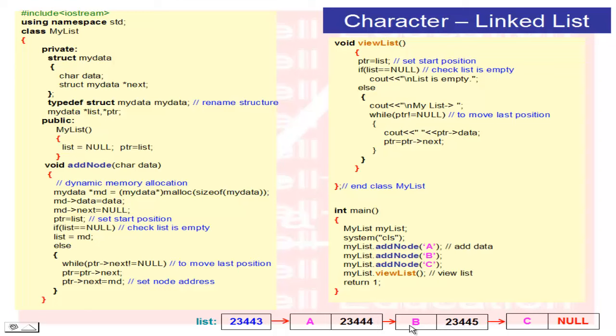After going to the next node, the data part is b, and the next node pointer value is this. Okay, at this address also the next node data part is c, and because I am adding only 3 nodes here, after that the next part equals null. Okay, so this is the character linked list.